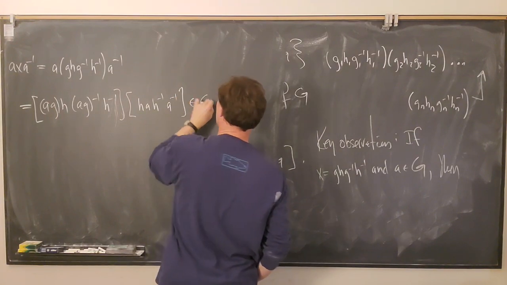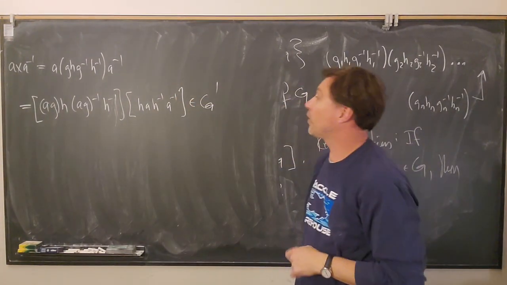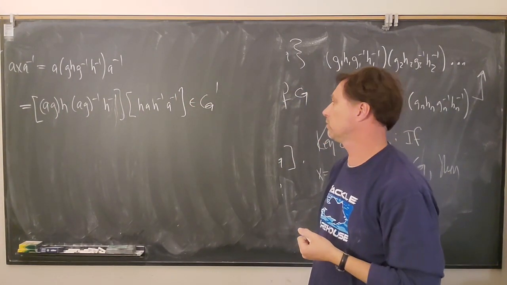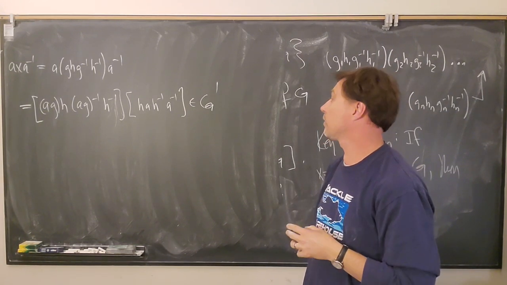And guess where that lives? It lives in G prime. So a conjugate of a commutator is a product of commutators.